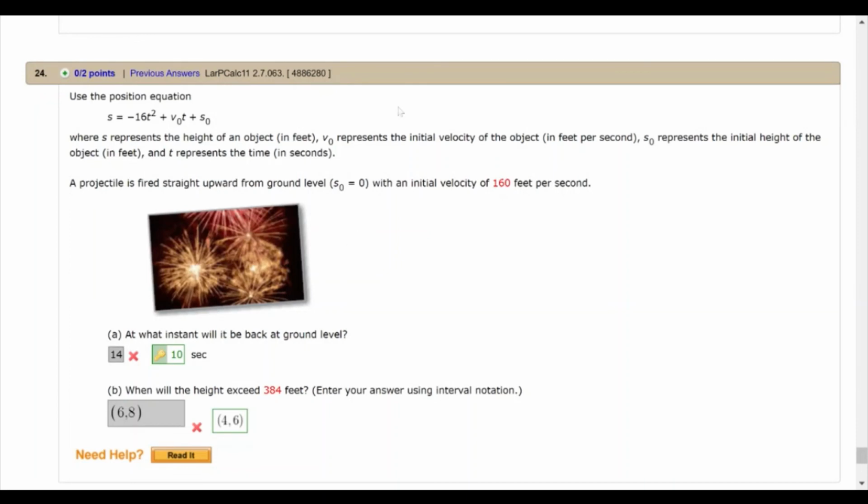So let me go to the whiteboard. S represents the height of an object, and we're talking about the ground. So S will also be 0.